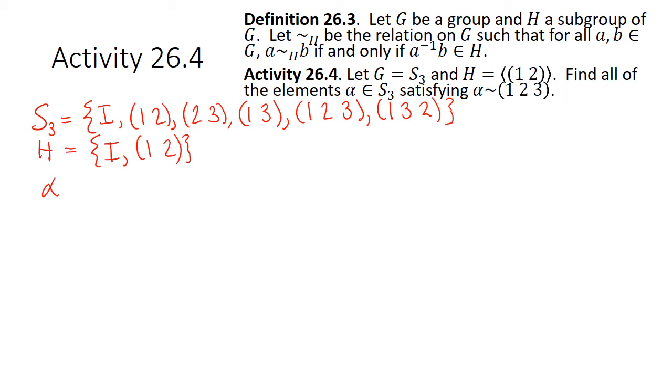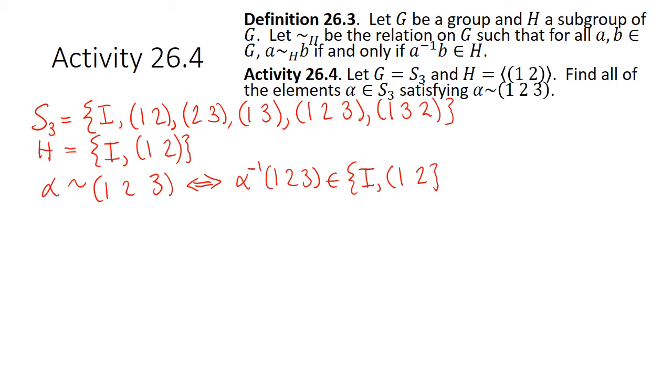So let's translate what that means. It means that alpha inverse times the cycle (1 2 3) would be in H, or in other words, in this subgroup that is the identity and the cycle (1 2).